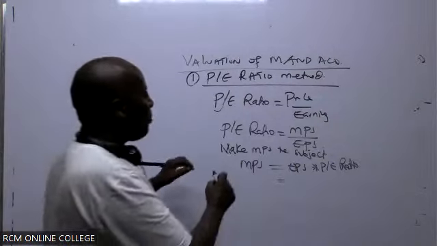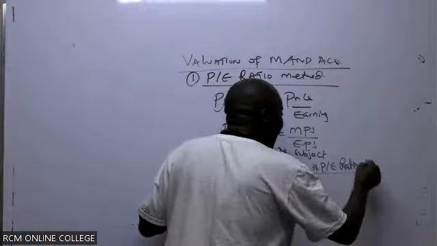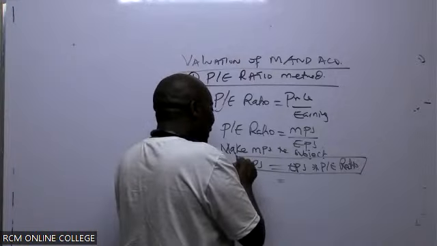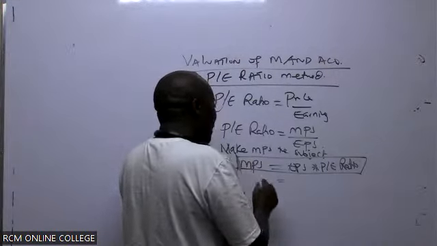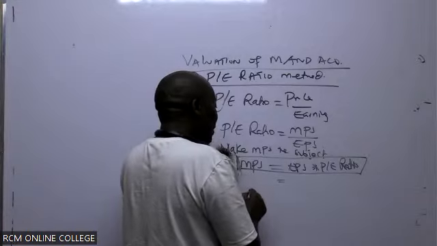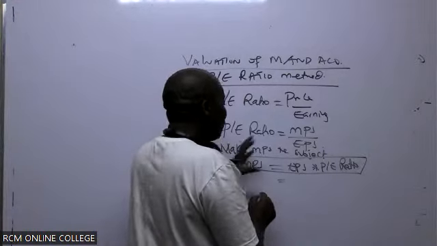So this is so important to us. Please highlight this in yellow. We don't want just MPS, which is the market price of just one share. We want the market value of the whole farm.